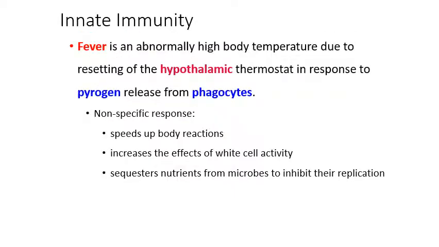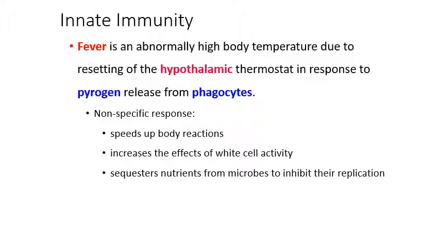All right, another part of your innate immunity is a fever. Fever is when you increase the set point temperature of your body. Normally your hypothalamus is in control of maintaining regular body temperature, and it likes to keep it around 98.6 degrees, maybe a little bit lower than that now. But you can trigger your hypothalamus to increase the set point if you have a whole lot of phagocytic activity happening, right?